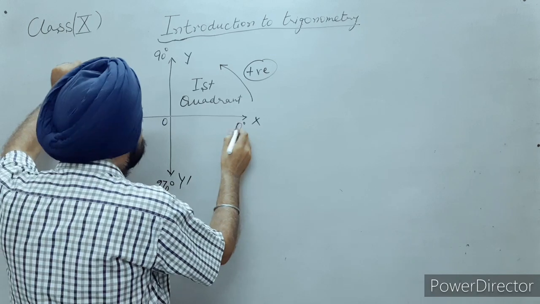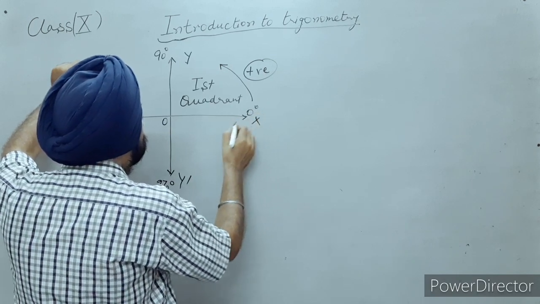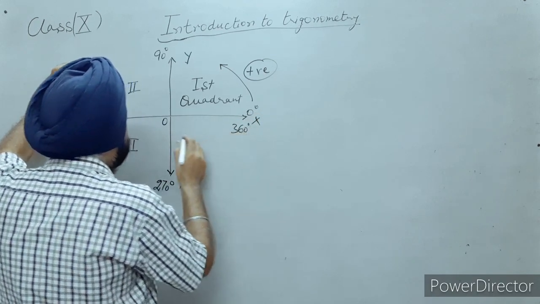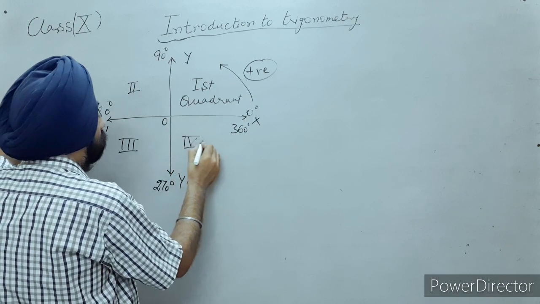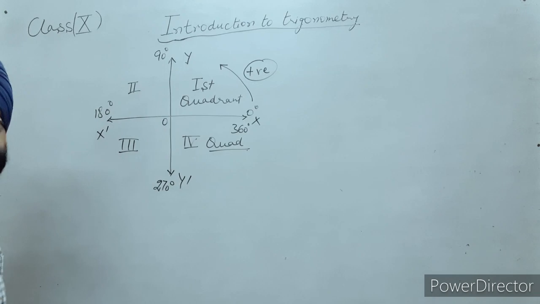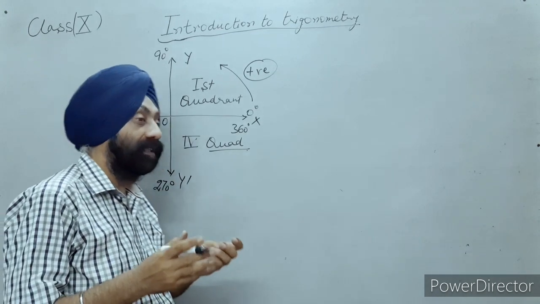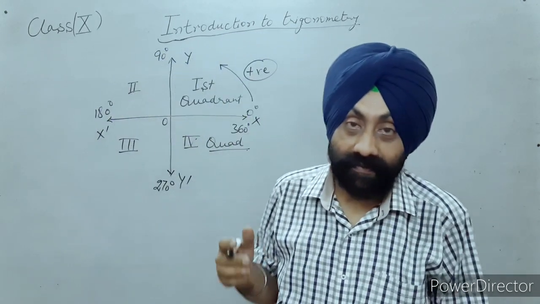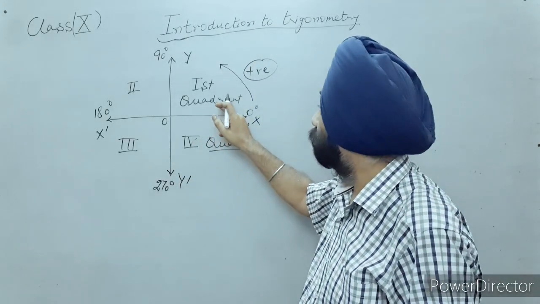And 270 to 360 degrees is the fourth quadrant.